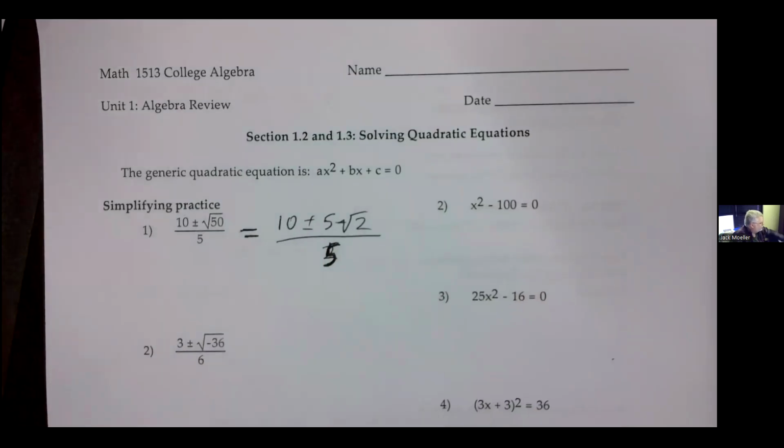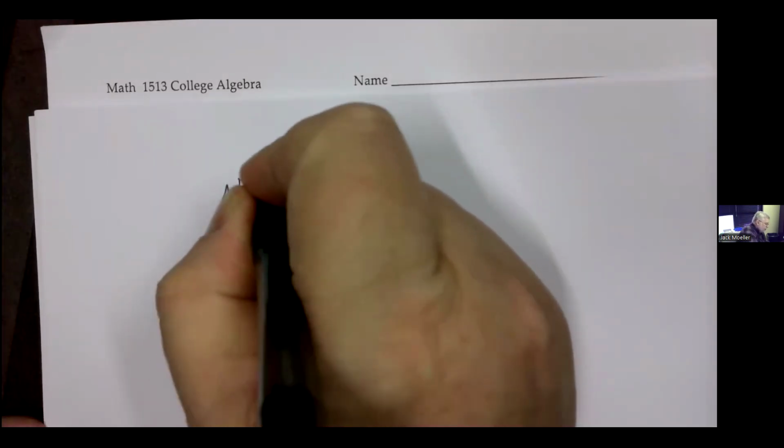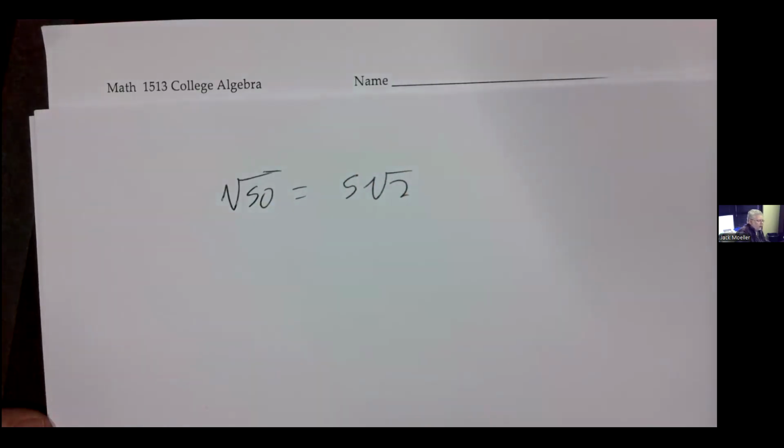Now, where did that square root of 50 come from? Ideally, this is something that I would like everybody to be able to do without a calculator, but we have a lot of stuff to go over. So this is one place where, if you have a scientific calculator, it goes straight to 5 square root of 2. But where did that come from?